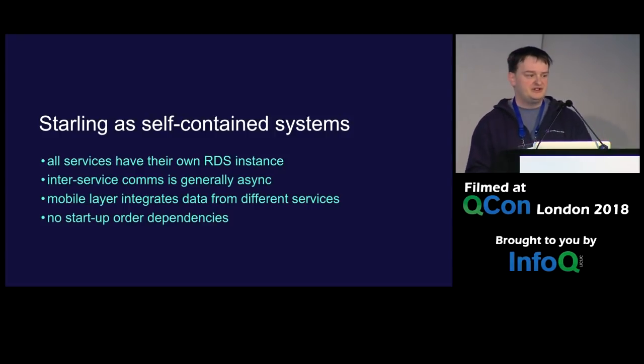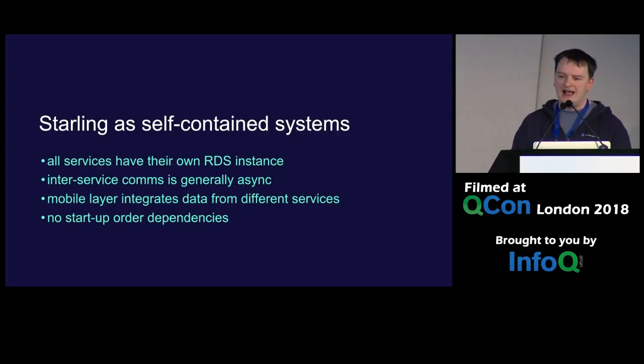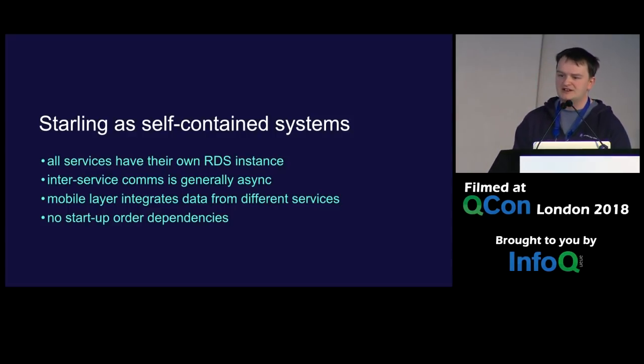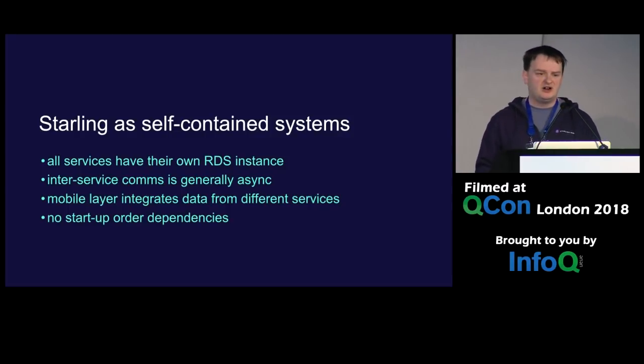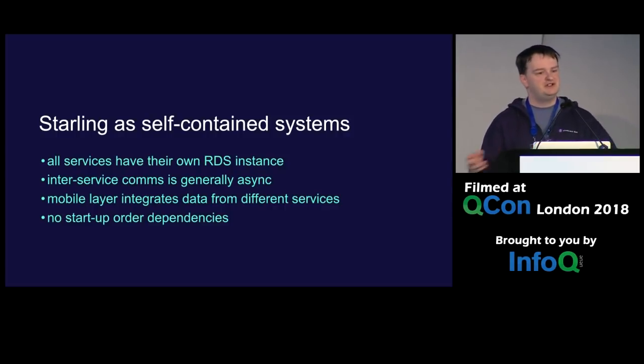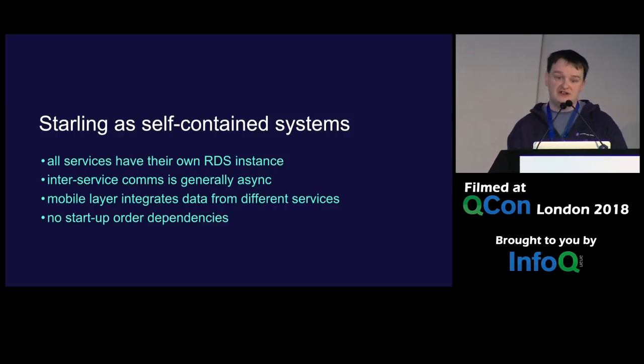There's no startup order dependencies, and the mobile app will draw data and information from different services and make requests to different services as necessary. So if you need information on cards, you go to the card service. If you need to make a payment, you go to the payment service, and so on. So you go to different services to do different things.